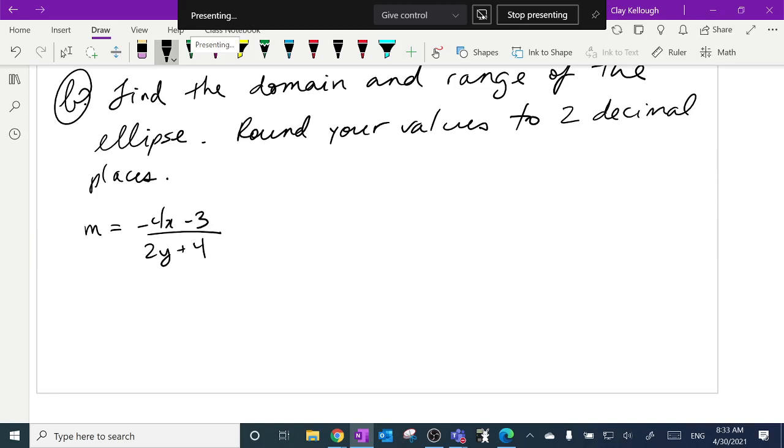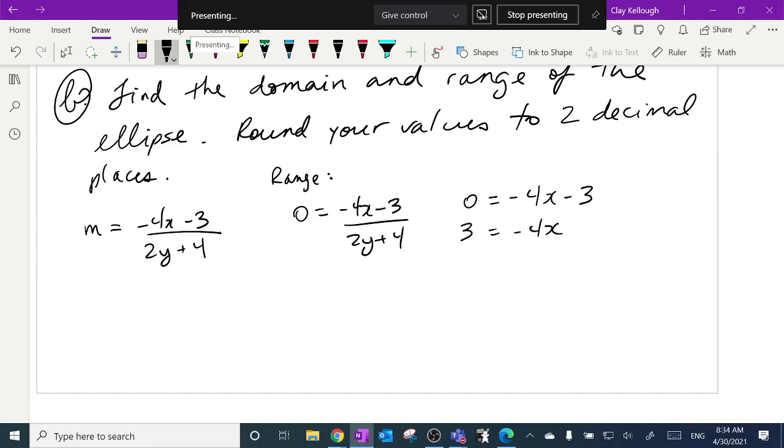All right, so first to find the range, I would set this thing to 0. And the first calculation is actually really easy. I just times both sides of the equation by 2y plus 4, and x pretty much reveals itself right away. I add 3 to both sides, divide both sides by negative 4, and there we have it.